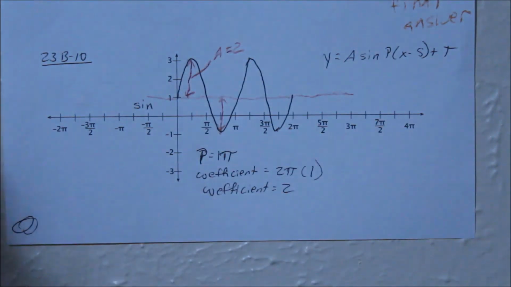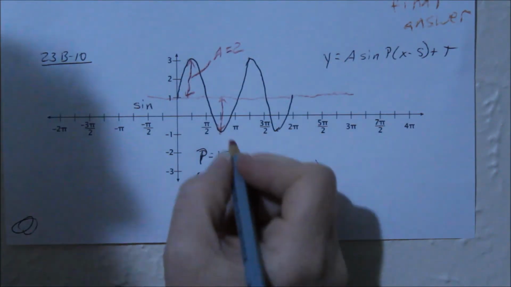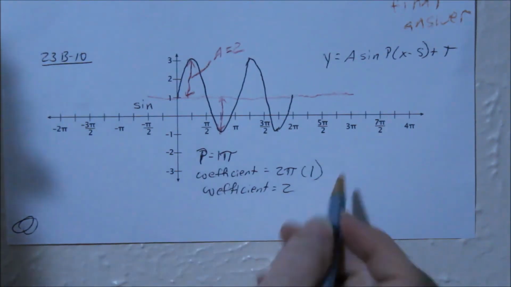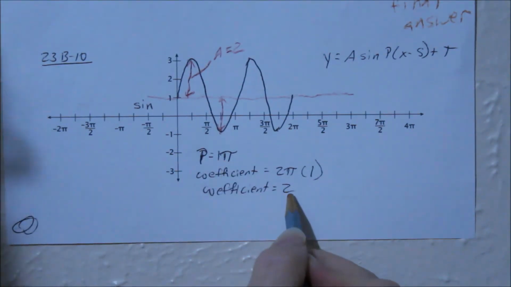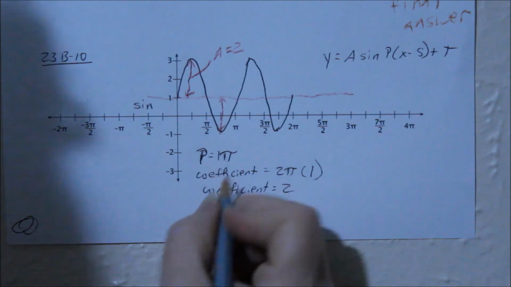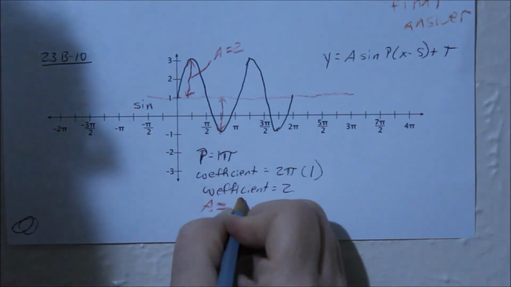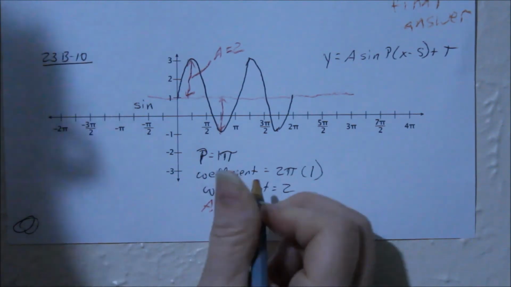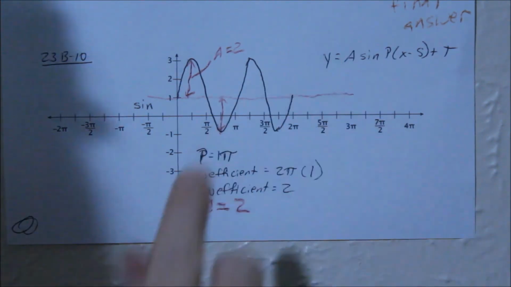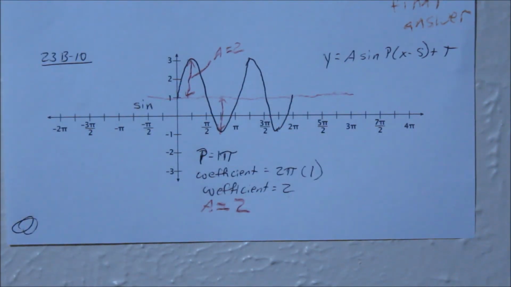Okay, so now I can write down that I know my period is 1 pi, which means the coefficient will be 2, and then my amplitude is 2, which means that's the number we'll put in place where our amplitude is, right there. Okay, now to figure out if there's any translation or phase shifts, I recommend drawing the original basic sine to compare.